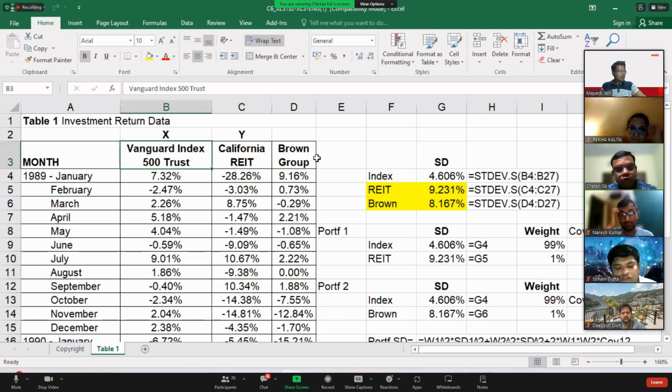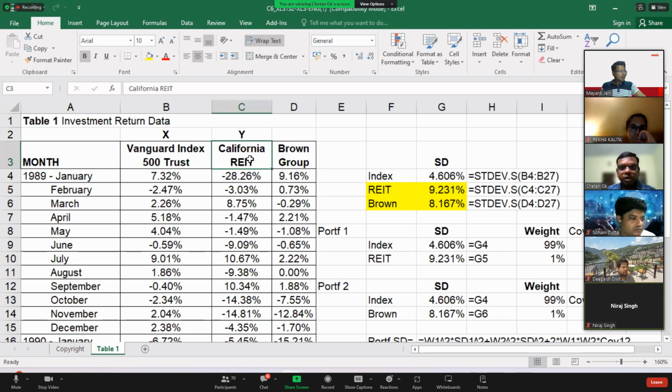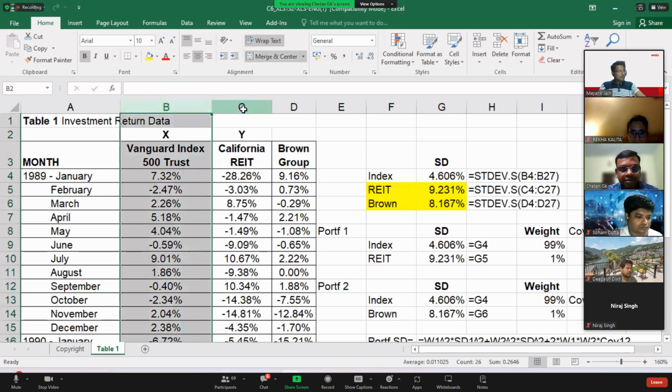Going by the theory, normally the returns of the individual security are always dependent on the index. That is the reason this is the independent variable and this is the dependent variable.